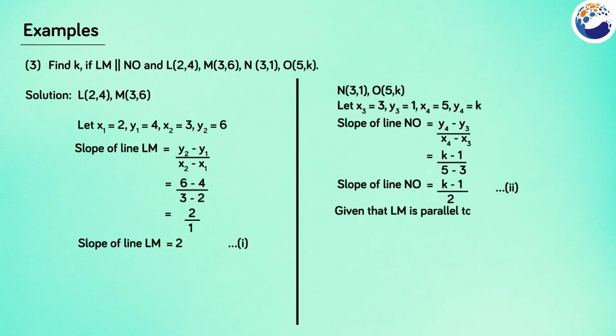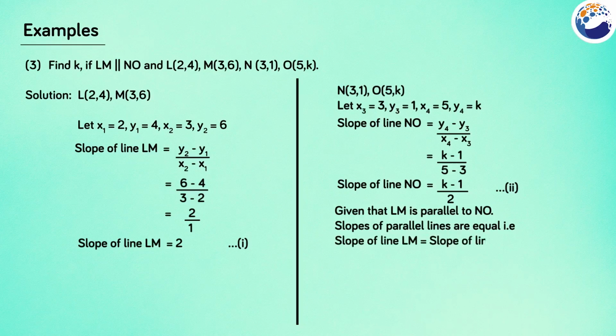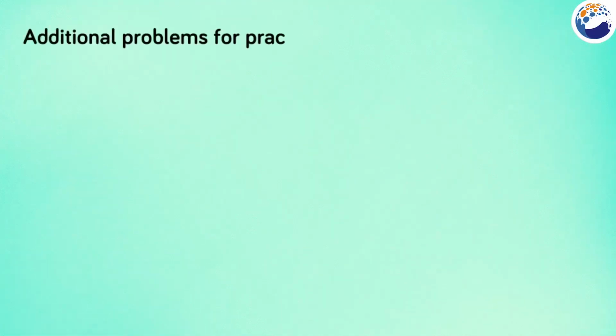Given that line LM is parallel to line NO, and slopes of parallel lines are equal, that is, slope of line LM is equal to slope of line NO. 2 is equal to (k minus 1) by 2. That is, 4 is equal to k minus 1. Therefore, k is equal to 4 plus 1, which is equal to 5. Therefore, k is equal to 5. Try some more examples for practice.